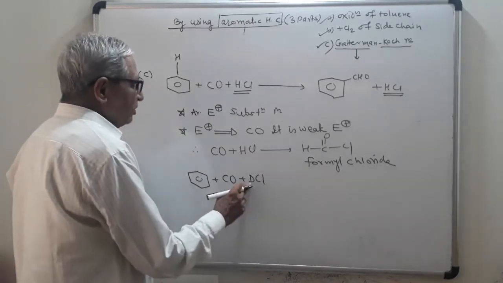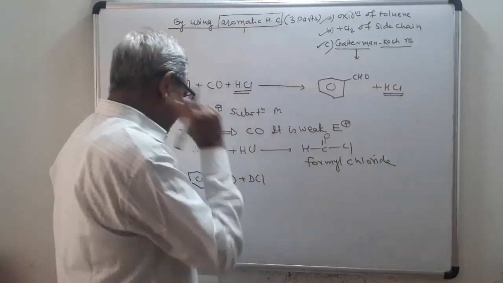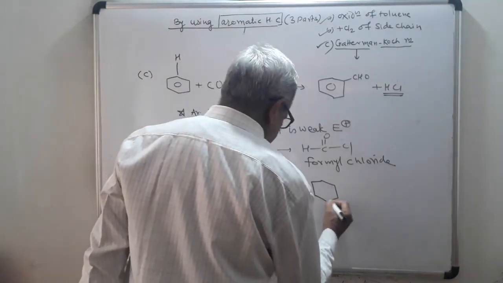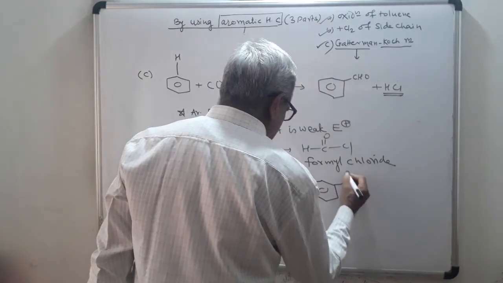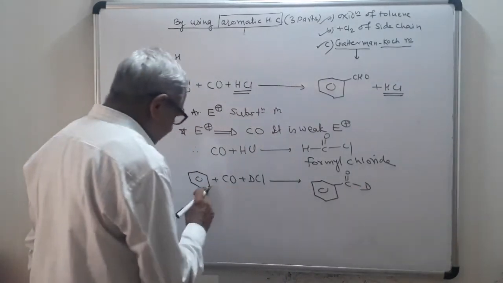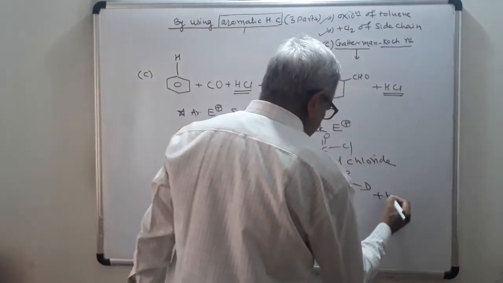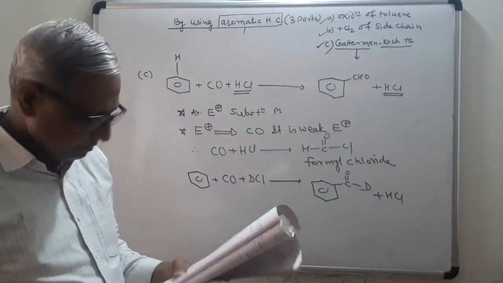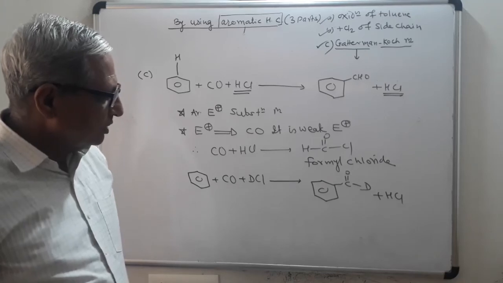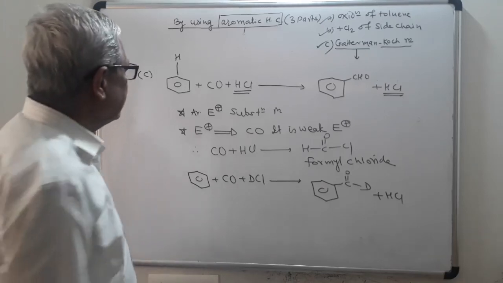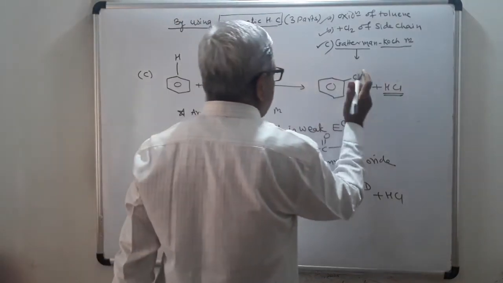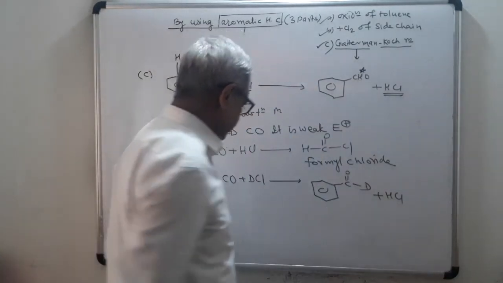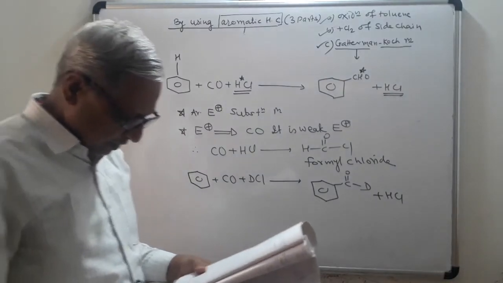D stands for deuterium, which is the isotope of hydrogen. So in this case, the product you will get here is C double bond O D. So this D will go here, and you will get another product, Cl. So this is the product here. So remember that this HCl is not here. If you make a star here, the star hydrogen atom will be present here. So this is the important point.